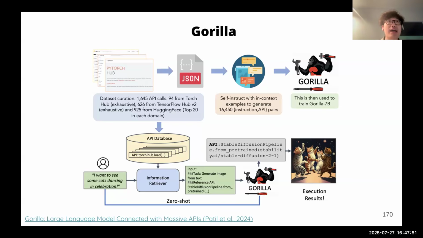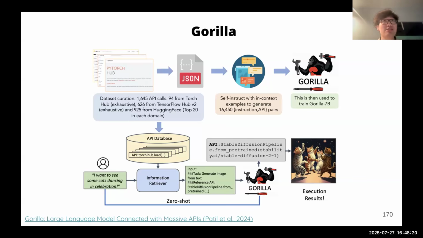And they also try two kinds of settings. So one is a kind of zero-shot setting, where basically we just have the instruction here, and they solely rely on the Gorilla model to give an API call. And they also have that kind of retrieval setting, where in many cases we have the document for this kind of API, right?